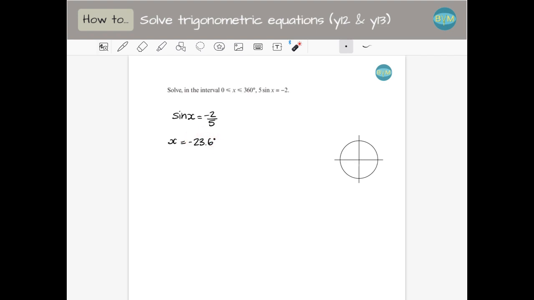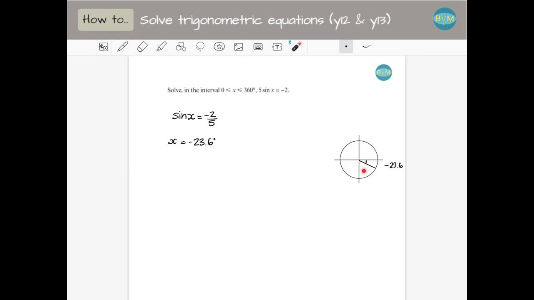First thing you have to do is check if this first answer is in your interval. And if it's not, find the equivalent. After that, you're going to find any other solution. So this angle here, minus 23.6, if you have your radius 1 circle, and this is x, this is y, and we are starting to measure angles here, is minus 23.6. The equivalent angle in this interval is this big angle here, which will be between 0 and 360.